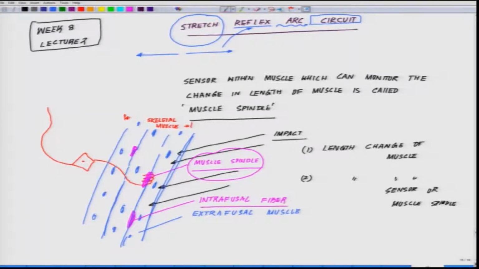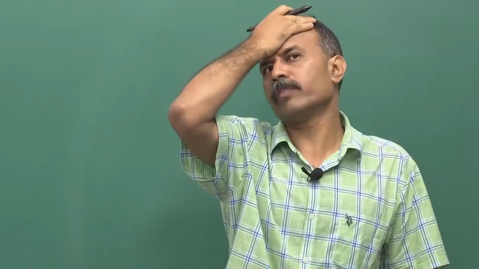Interestingly, intrafusal fibers are the ones which act as sensors. They have some very unique electrical properties unlike the extrafusal fibers; their electrical properties are different and they behave differently.